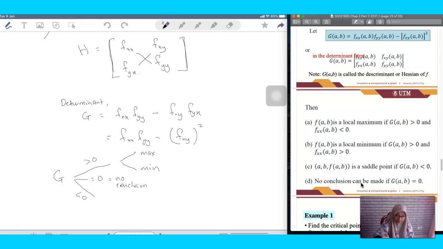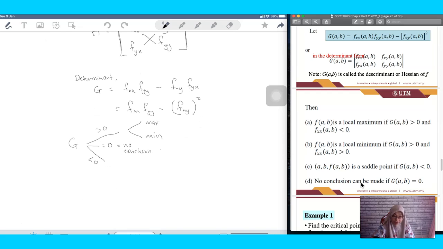You have no idea, so you have to refer to the graph. Meaning the test failed to tell you something about the outcome. You may use another theorem or formula, or you have to sketch. But in our scope, you just use this second derivative test, so if the test failed, it should be referred to the graph itself.